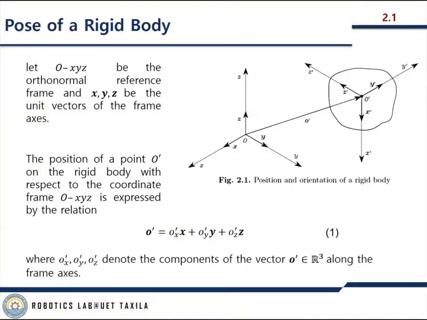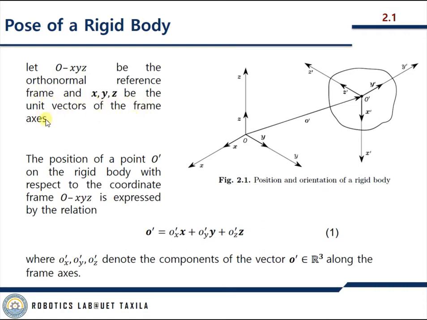So let's begin. A rigid body is completely described in space by its position and orientation. And orientation, we call the pose, with respect to a reference frame. You can see this is a reference frame as shown in this figure. So let O, which is called the origin, x y z be the orthonormal reference frame, and x, y, z be the unit vectors of the frame.